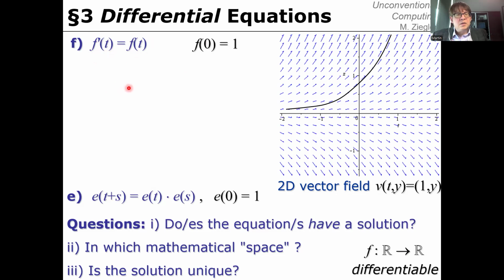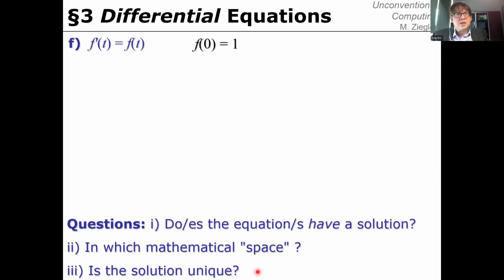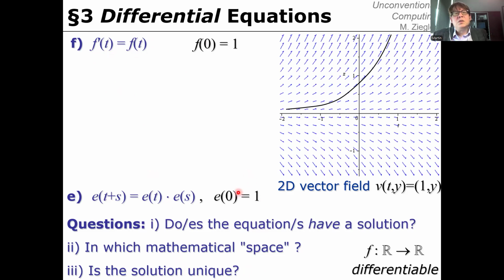The question whether the solution is unique is answered yes. The exponential function is the only solution, which geometrically makes sense, because if you just keep following the arrows, there's no way of deviating. At each point, an arrow indicates in which direction you should move next.